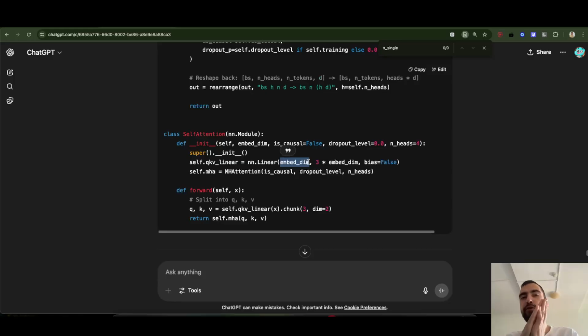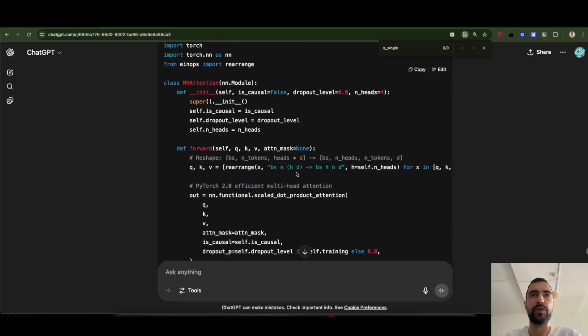If you don't know what embedding dimension is, this is the vector embedding size. I expect you to know this attention mechanism, so you can watch these other videos here. You can ask ChatGPT. So for multi-head attention, we just instantiate this multi-head attention class that we just created.